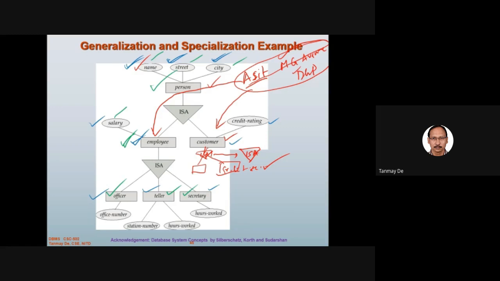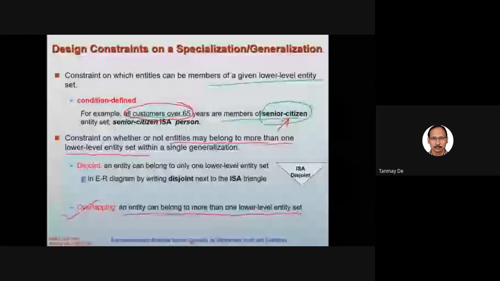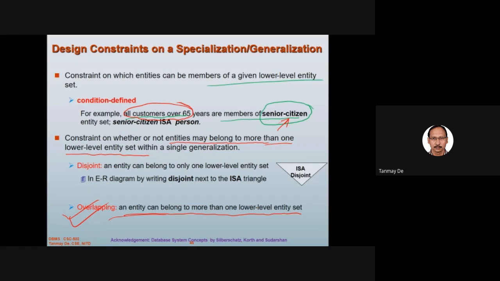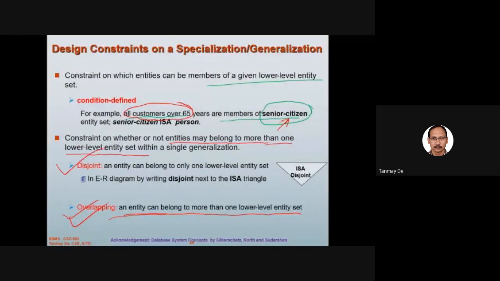If an entity is present in more than one lower level entity set, then it is called overlapping. And if it is not the case, that is, the particular entity of the higher level entity set is present in only one of the lower level entity sets, then it is called disjoint. That is reflected by this symbol for disjoint.